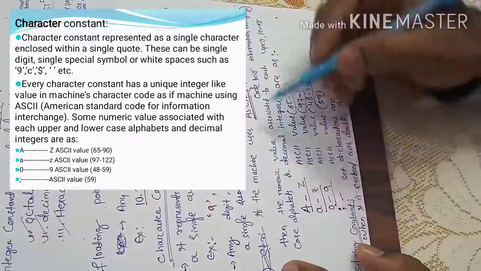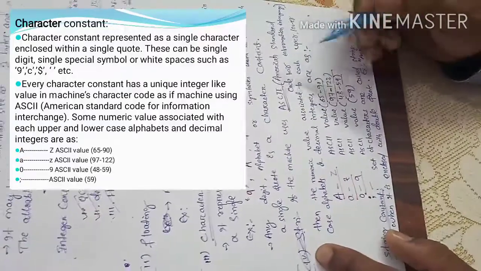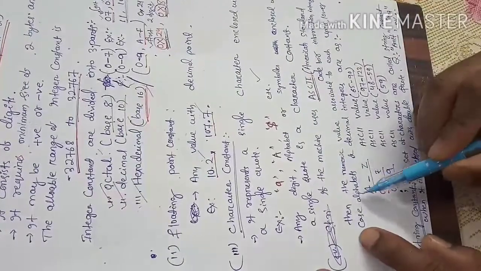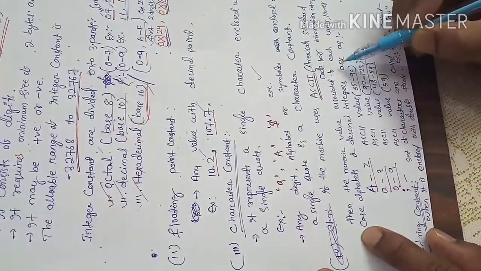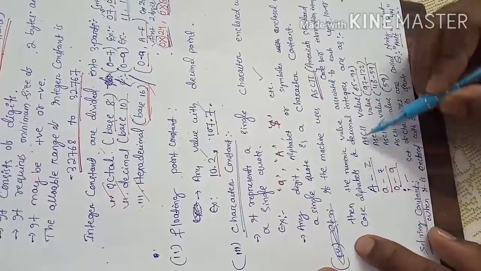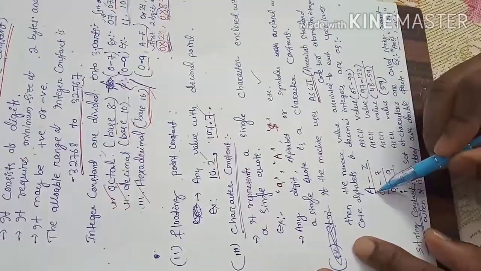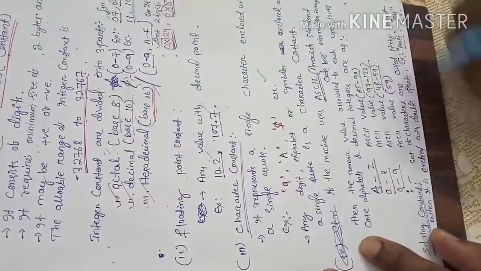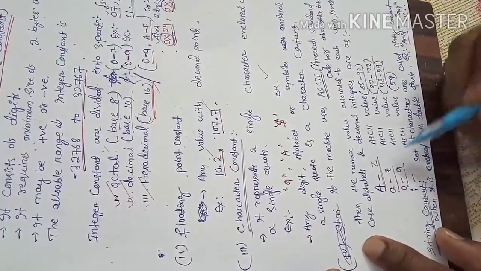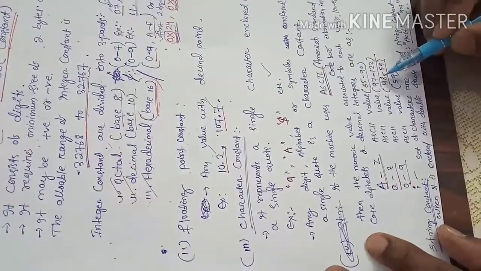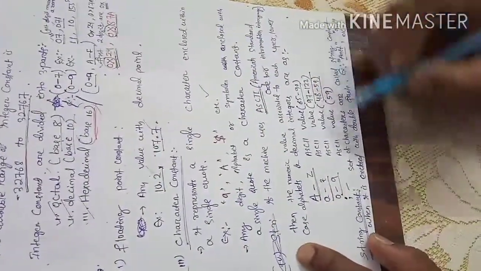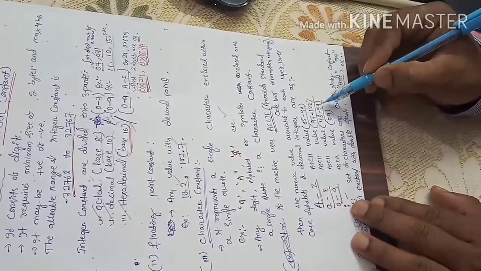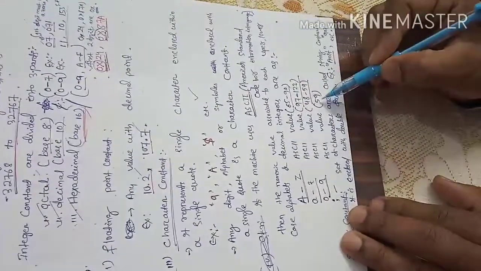If the machine uses ASCII, that is American Standard Code for Information Interchange, then the numeric values associated with the upper and lower case alphabets and decimal digits are as follows. Capital A to Z, the ASCII values will be 65 to 90. Small a to z, the ASCII values will be 97 to 122. And digits from 0 to 9, the ASCII values will be 48 to 57.